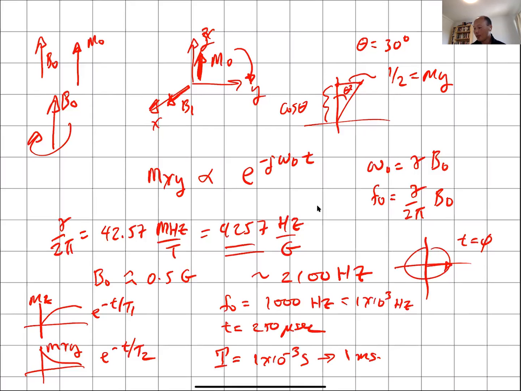So in 250 microseconds, we will have gone a quarter of a cycle. A quarter of a cycle is 90 degrees. So you know it's going to be either plus 90 or minus 90. And so the question is, which way does the magnetization go? Does it go plus 90 degrees or minus 90 degrees in that 250 microseconds?